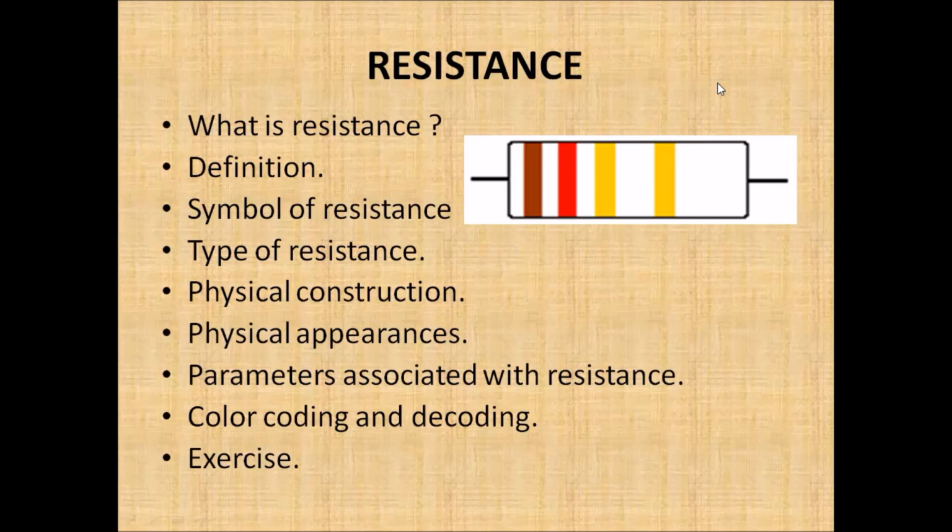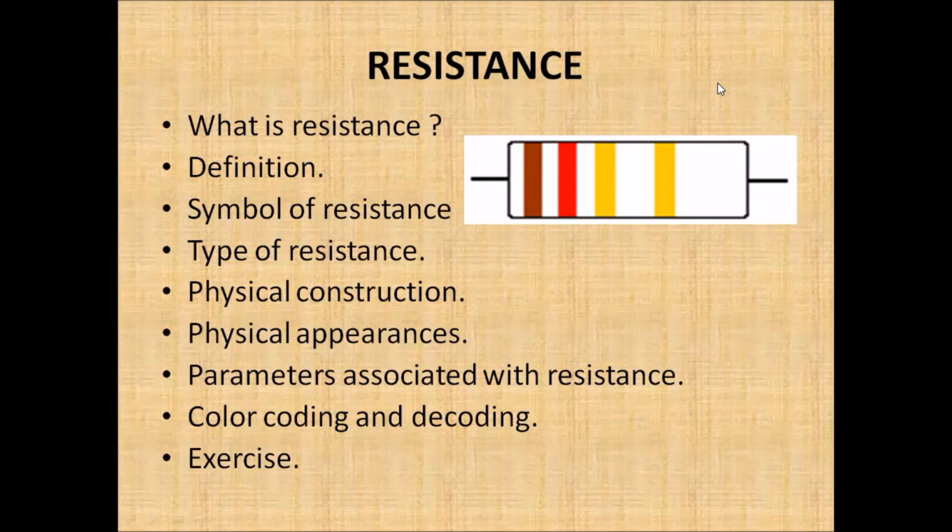And then we will see the definition of resistance, its standard symbol, and various types of resistance, their physical construction, and finally the physical appearance of a carbon film resistance and some parameters which are associated with the resistance values.